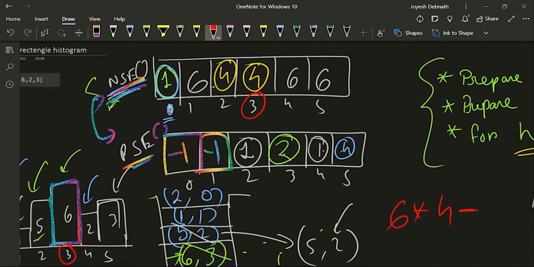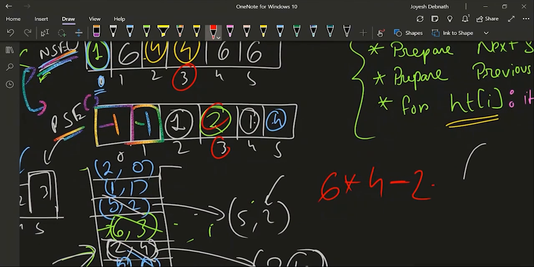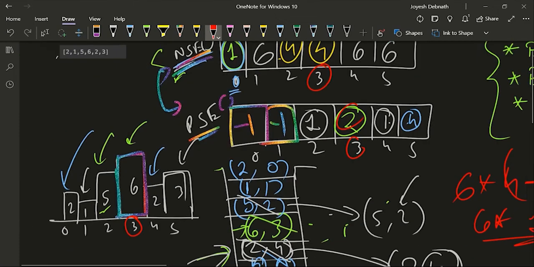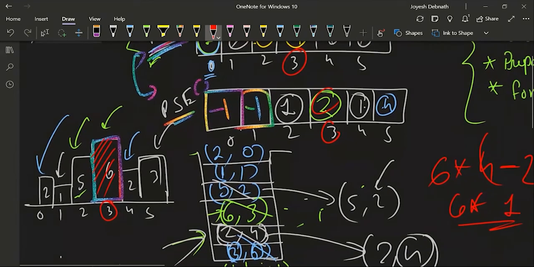So 4 minus the previous smaller, which is 2, minus 1. So the answer will be 6 into 1, 6. So its contribution to the area is 6, which is only this block.